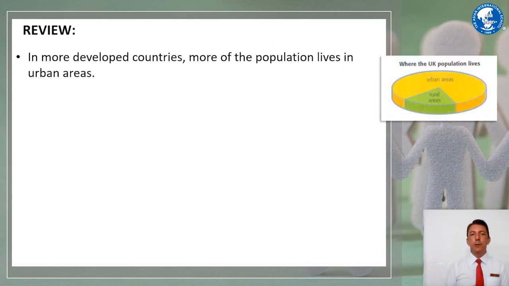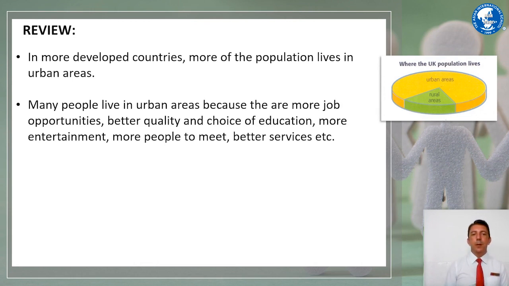In more developed countries, more of the population lives in urban areas. Many people live in urban areas because there are more job opportunities, better quality and choice of education, more entertainment. There's more people to meet, and there are better services.